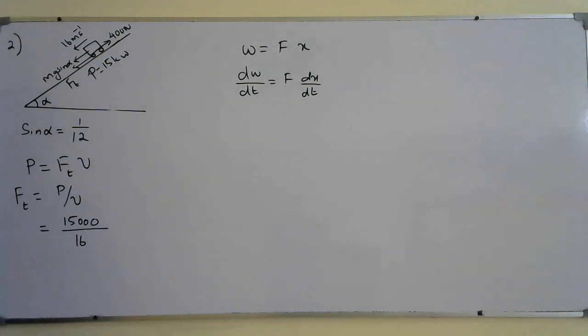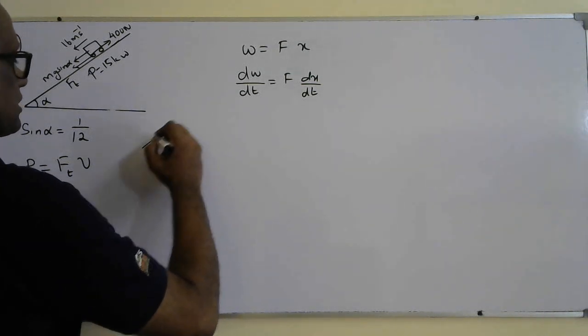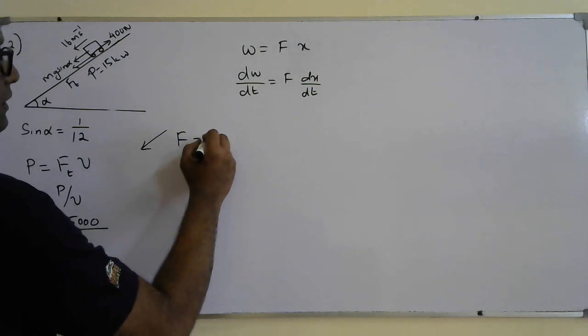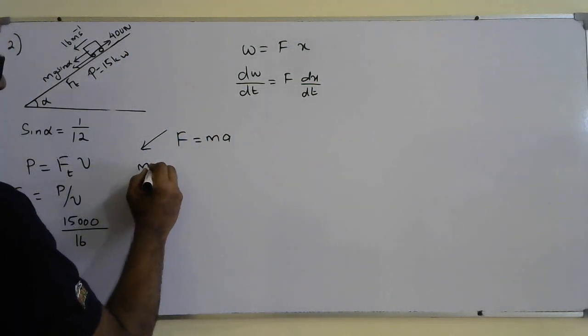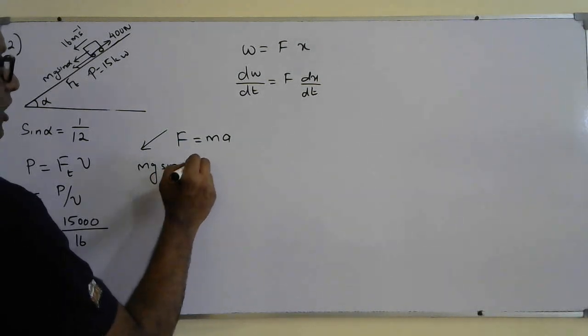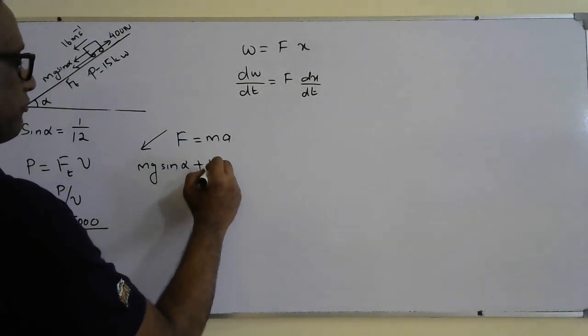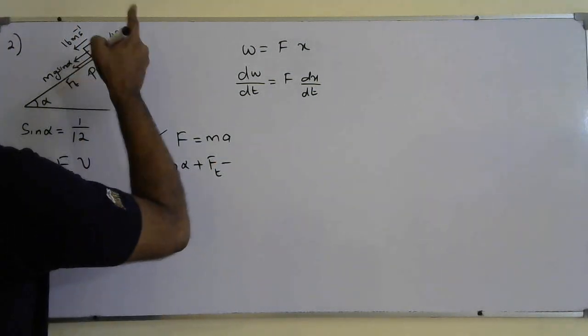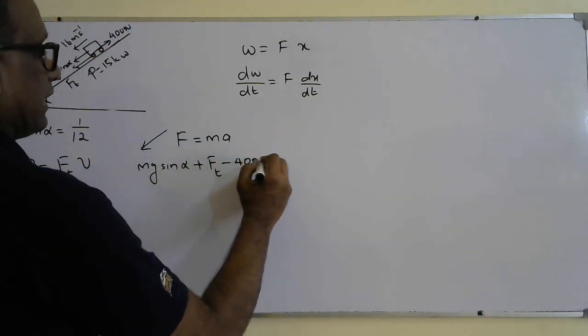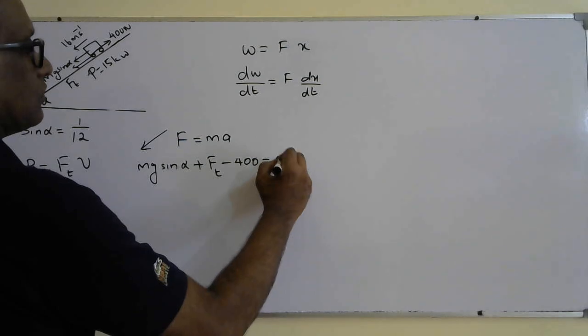Right, so we'll keep it as it is. So I'm going to use F equals ma along the slope down. What are the forces acting along the slope down? One is mg sin alpha, the component of the weight along the slope down, plus Ft, the forward thrust given by the engine, minus friction 400, given, it's a constant force, equal to ma.